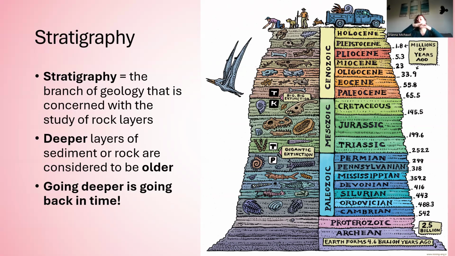That's newer, and over a long period of time, that will actually get turned into rock. And then you have another layer of sediment on top of that, that's newer, that gets turned into rock, then another layer on that, then another layer on that. So if you're close to the surface, that is newer rock or sediment. And if you go down deeper, this is older rock or sediment. So that's basically the idea of stratigraphy.